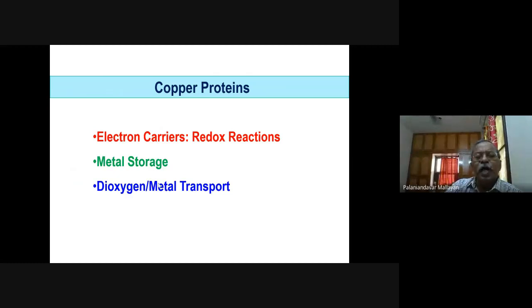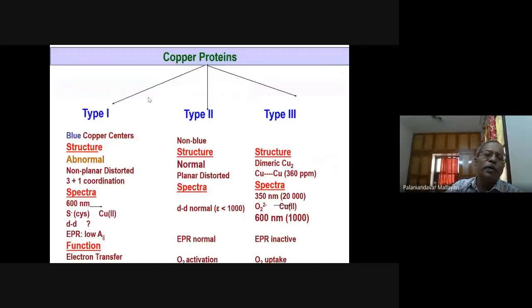Before that, I should tell you a very interesting thing: how many types of copper proteins are there. Already we have looked into two types of copper: type 1 copper and type 3 copper. Type 1 copper corresponds to blue copper centers. They are involved in electron transfer.